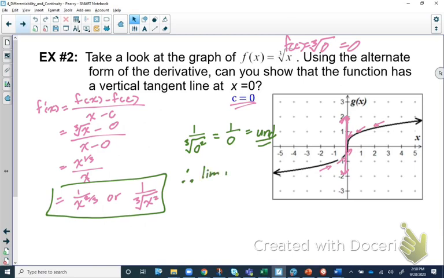The limit is undefined when the tangent line is vertical. That didn't look like a very nice V, but vertical. So that's how we would use the alternate form of the derivative to show that we're going to wind up with a vertical tangent line as x approaches 0.